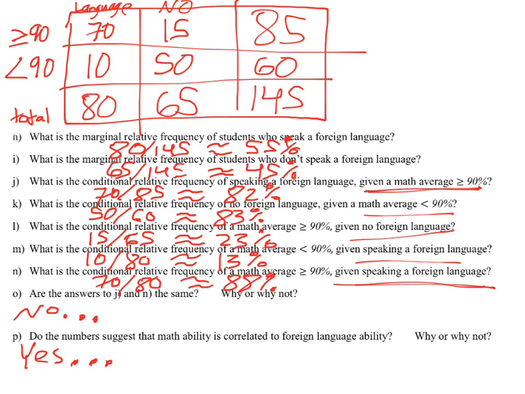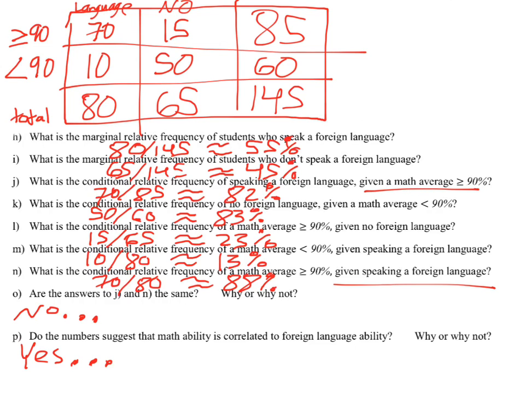So on O, are J and N the same? Well, that's no. And the reason is because even though they're asking about the same one, like they're identifying the one that has 70 people with greater than 90% math average, and then speak a foreign language, they have different givens.